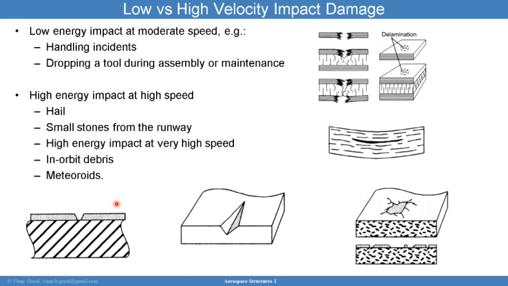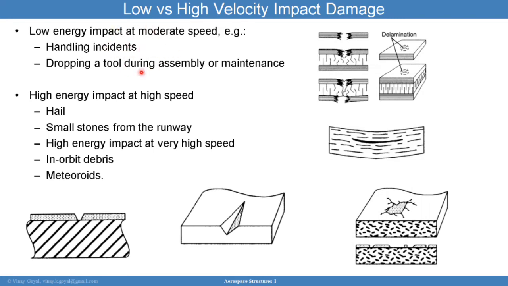Let's look at low versus high velocity impact, because it does play a role in what you can actually see versus what you cannot see. Low velocity impact at moderate speeds may be handling incidents, like dropping a tool during assembly or maintenance. Those are just a few examples.